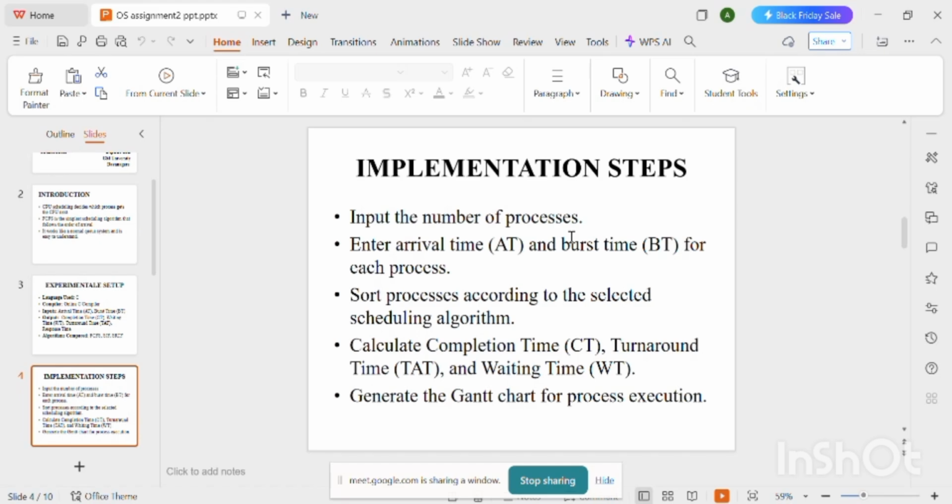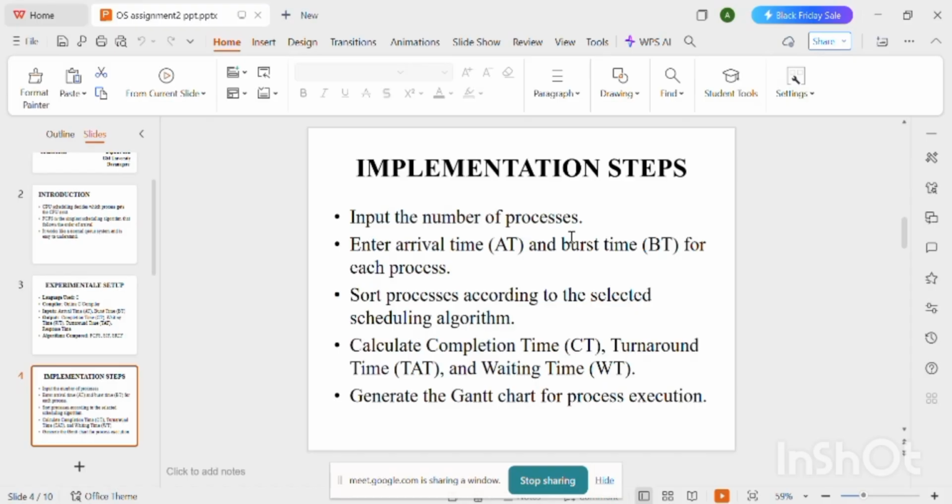Implementation steps. Input the number of processes. The user enters how many processes will be scheduled. Enter the arrival time and burst time for each as the inputs. Sort the processes according to the selected scheduling.